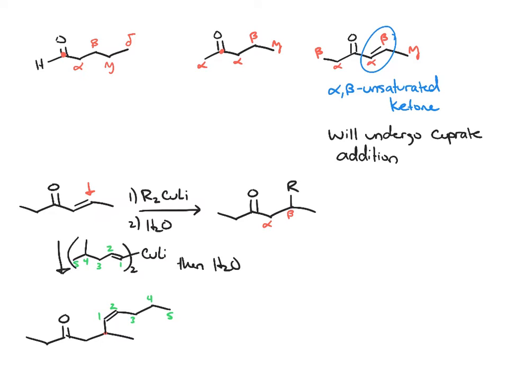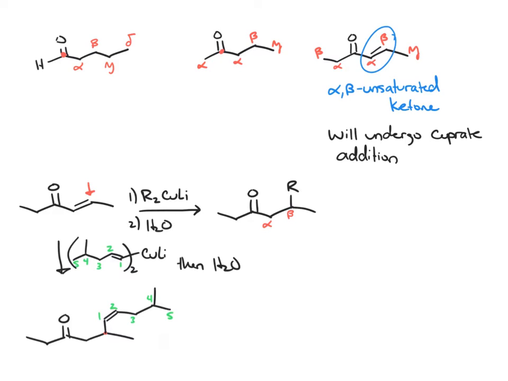When you're dealing with something bigger, always number it to make sure you don't lose carbon. So we have the double bond between 1 and 2. We have carbon 3, and then 4 has 5, and 4 has a methyl on it.